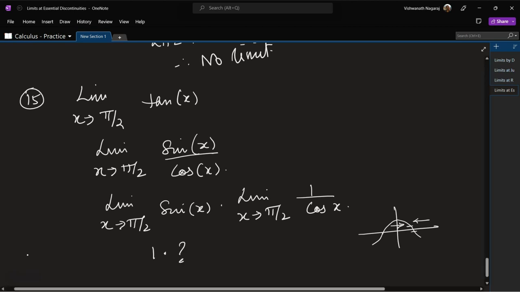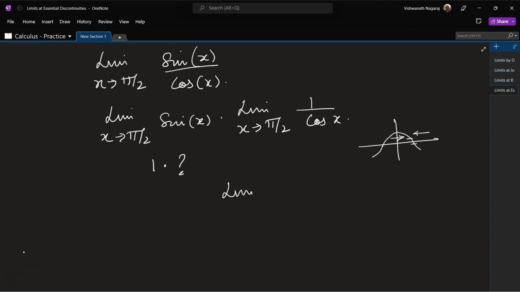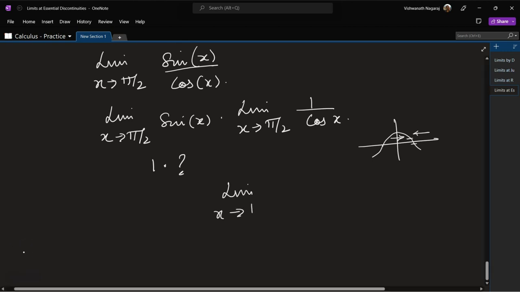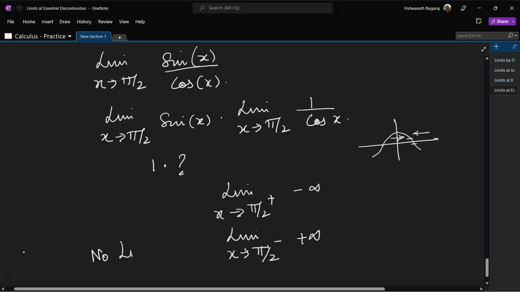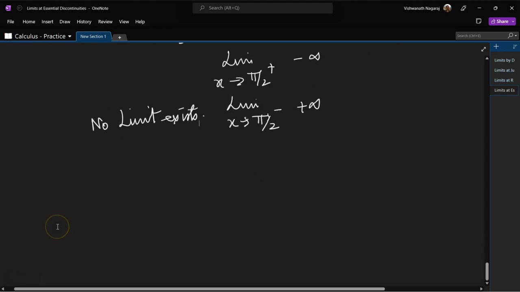So the way we will write it is: limit as x approaches pi by 2 from the positive side, from the right hand side, is going to be minus infinity, and limit as x approaches pi by 2 from the negative side will be positive infinity. So again, no limit exists.